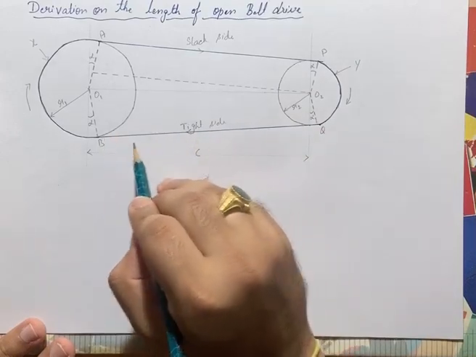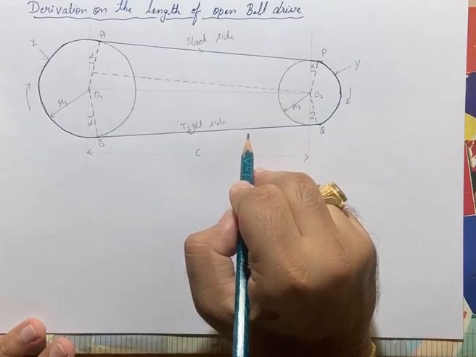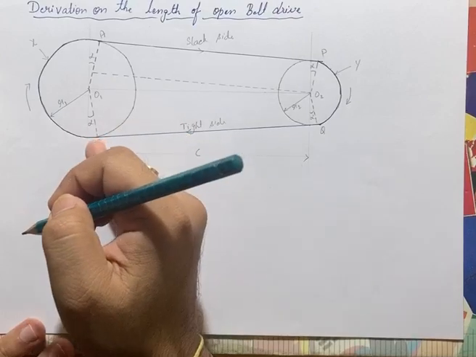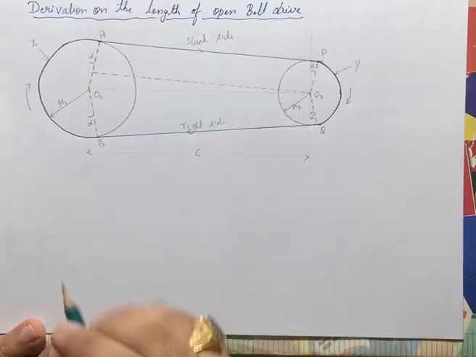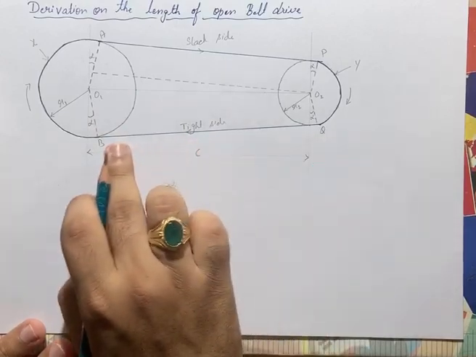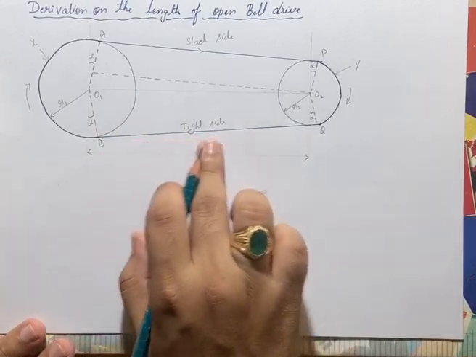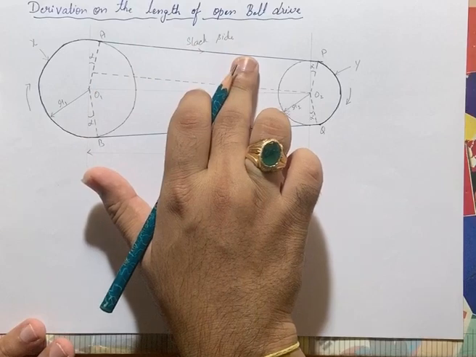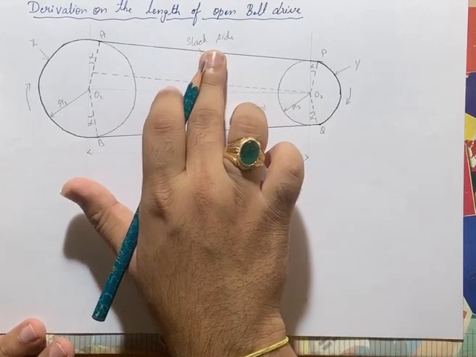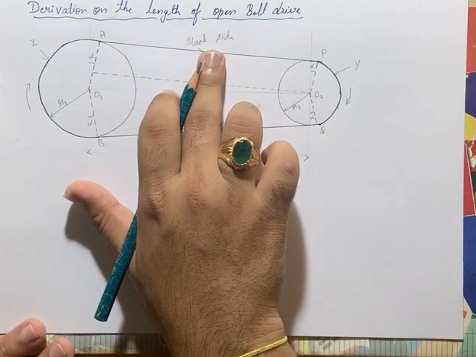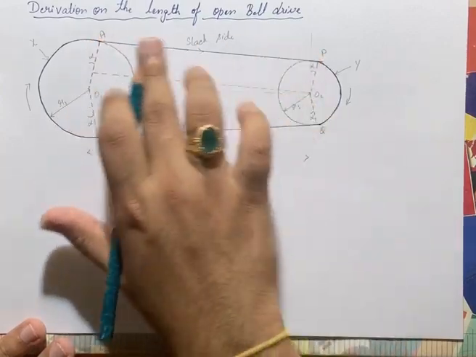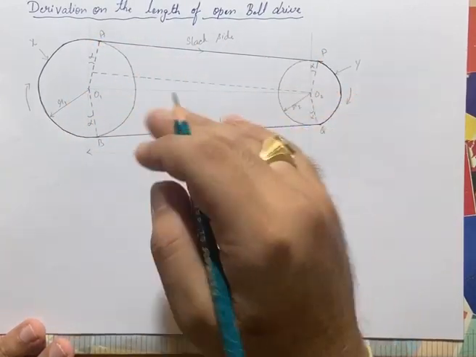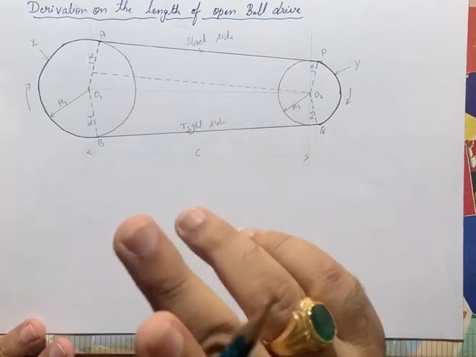So this side will be in tension, because at this point the belt starts pulling. This side becomes the tight side and this side becomes the slack side, meaning there will be no tension here. Due to its own weight, the belt might sag and come down here.